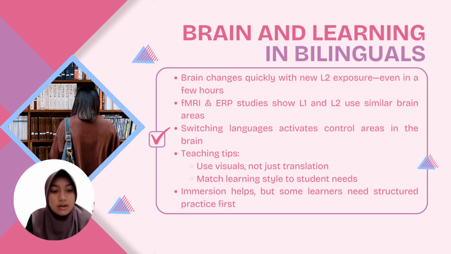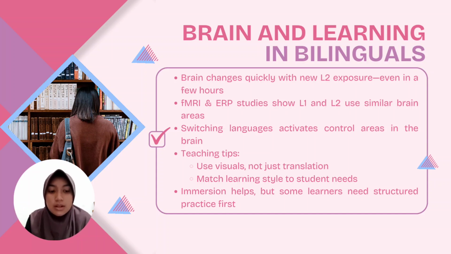Teaching tips. There are two. Teachers should use pictures or actions, not only translate from the first language to the second language, to make it better. And match learning style to student needs. Teaching should match what each learner needs.